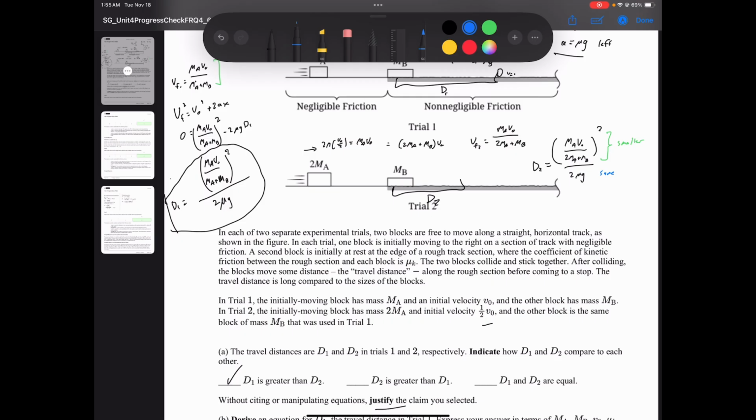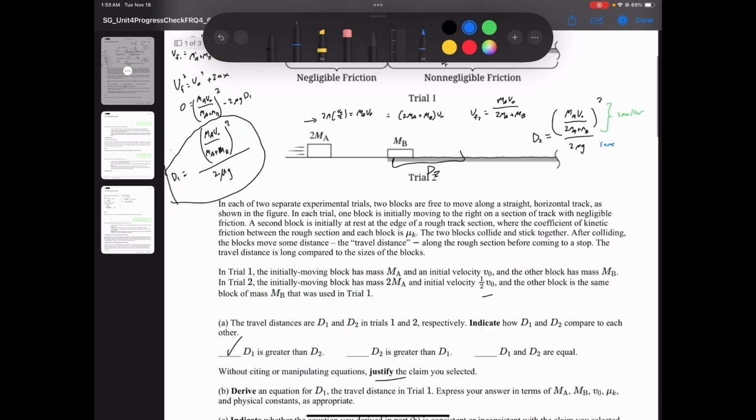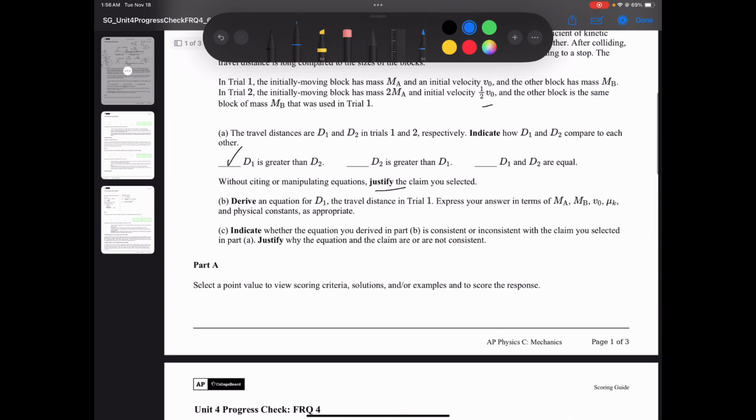So this is consistent, because we clearly see from this equation that trial 2 has a smaller initial velocity when it enters the region with friction. Because it has a smaller initial velocity and the same deceleration as in trial 1, D2 has to be smaller than D1, and that matches our reasoning.